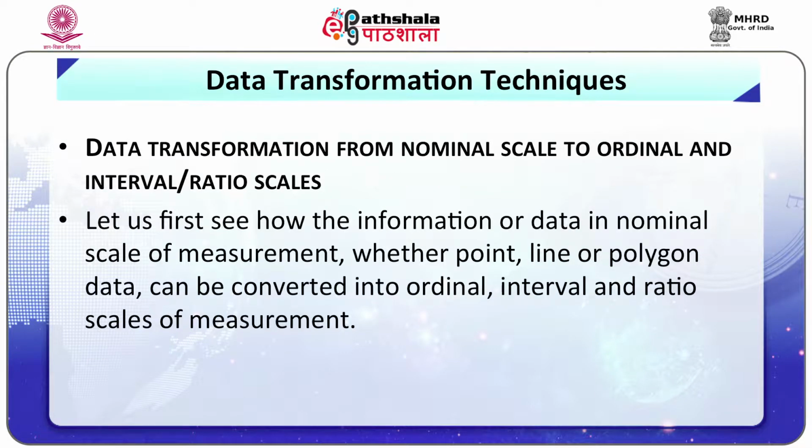Now, data transformation from nominal scale to ordinal and interval ratio scales. Let us first see how the information or data in nominal scale of measurement, whether point, line or polygon data, can be converted into ordinal, interval and ratio scales of measurement.